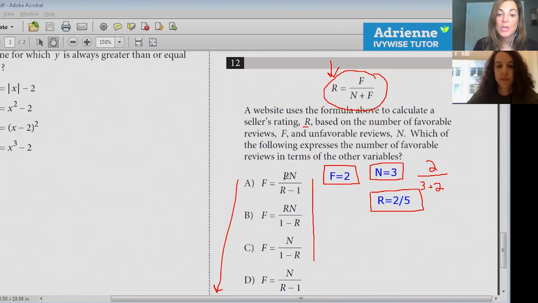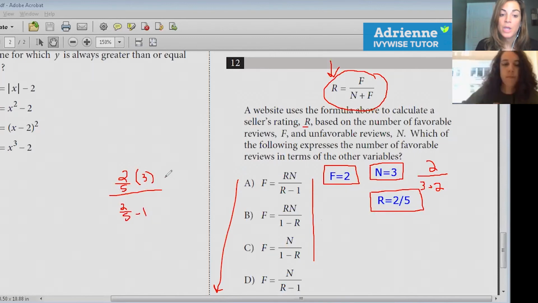All right. So let's start over here with A. I'm going to do the work over here to the left-hand side. So we're going to have 2/5 as R times our N of 3, and that's going to all be over R of 2/5 minus 1. On the numerator, if you remember how to multiply fractions, we multiply across the top and the bottom. So for the numerator, we're going to have 6 over 5.